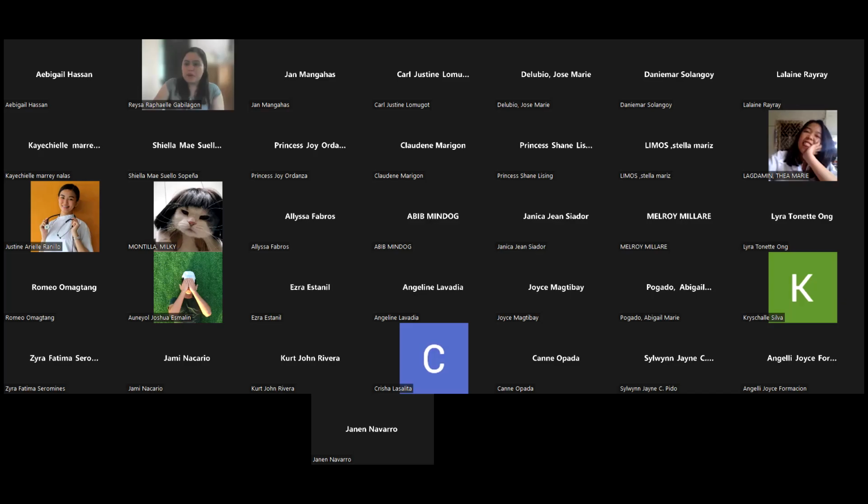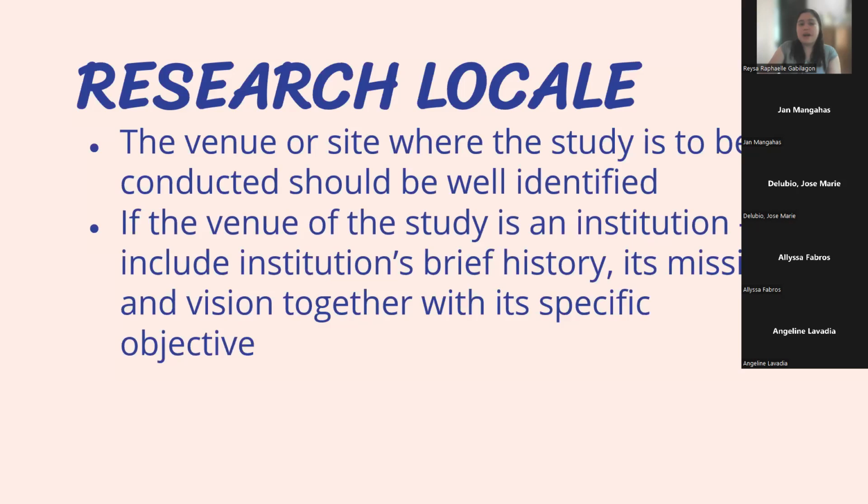So let's go back to our discussion and let's see what research locale is. So research locale, it's our area, our venue, our site wherein we are going to conduct our study. So this is where we are going to do the experimentation, if it is an experimental research, or the area where we are going to collect our data.